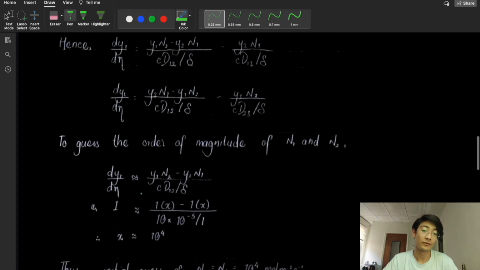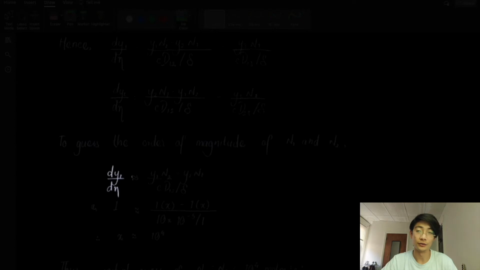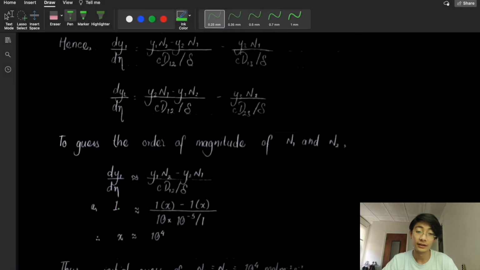First, we're going to say that dy over d eta is equal to 1. I'm going to explain later why that is a good assumption, but let's say 1 is a good assumption for now. Likewise, we know that the mole fractions only range from 0 to 1, so I say that y1 is equal to 1.